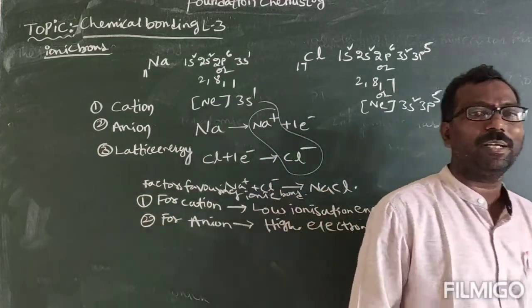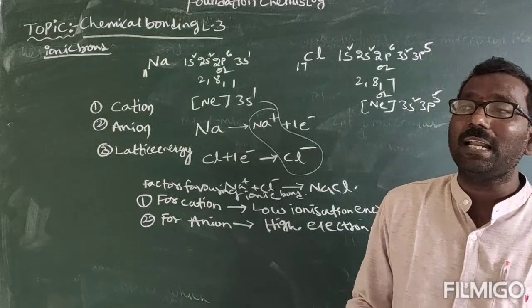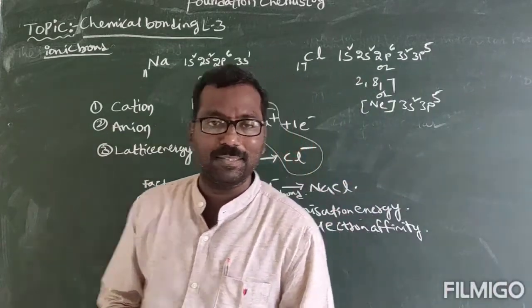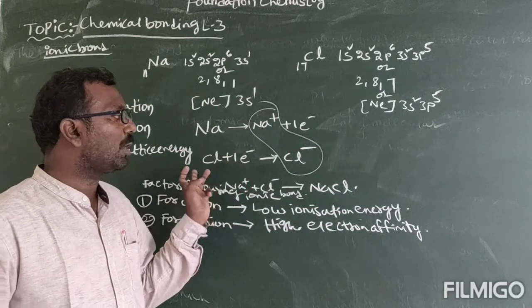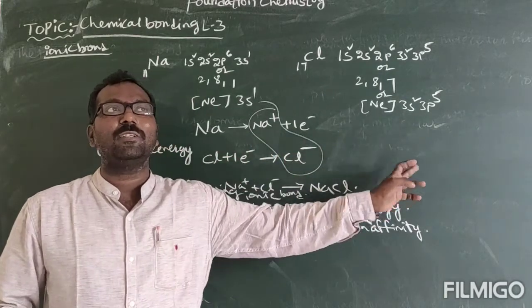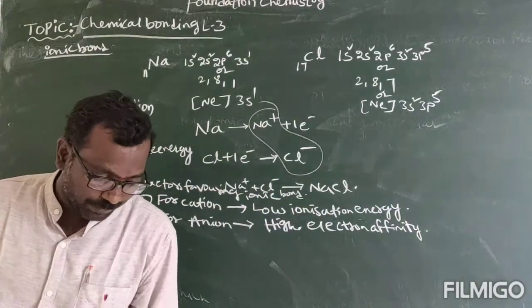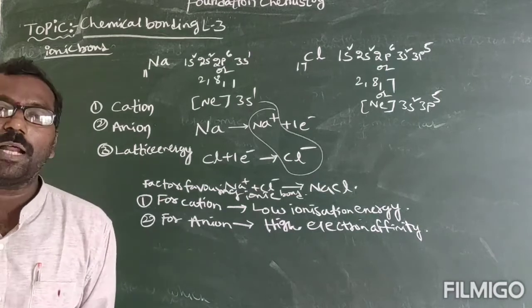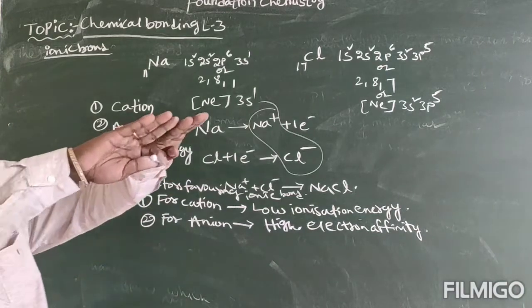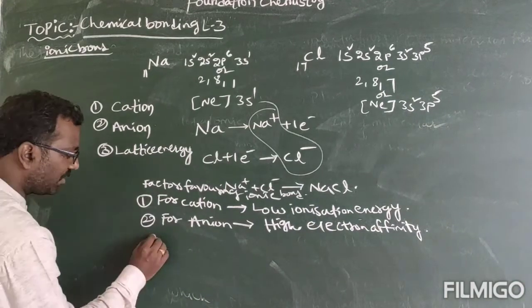But electron affinity means the amount of energy released when an electron is added. See, we are adding one electron to the chlorine, so it gives some energy, and that should be high. Then there will be a decrease in the total energy, and bond formation will happen.